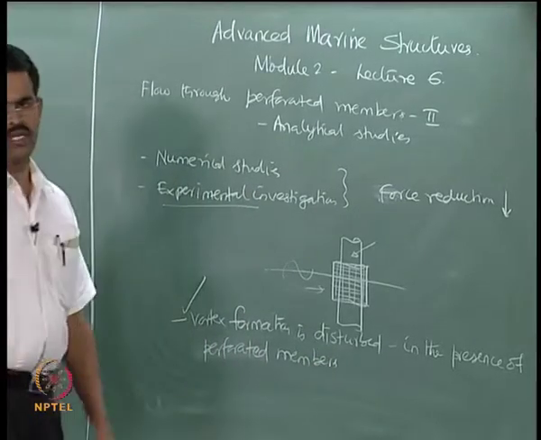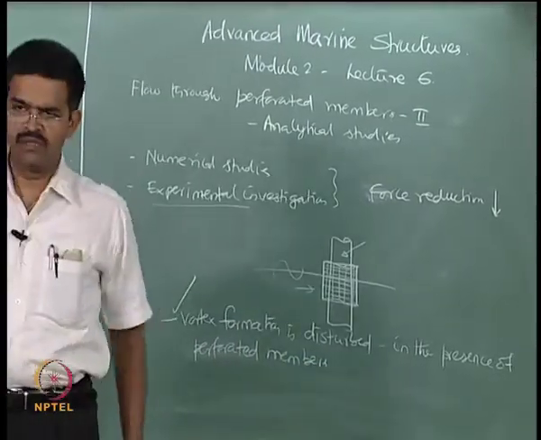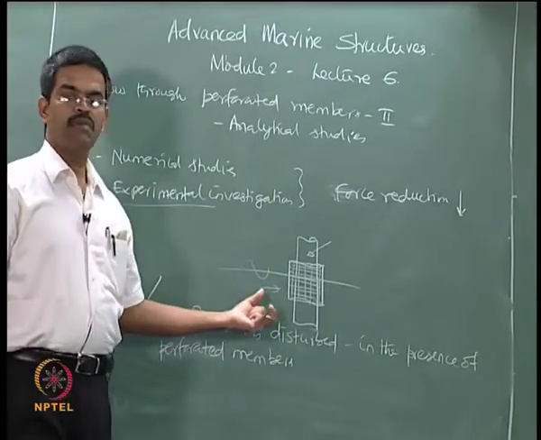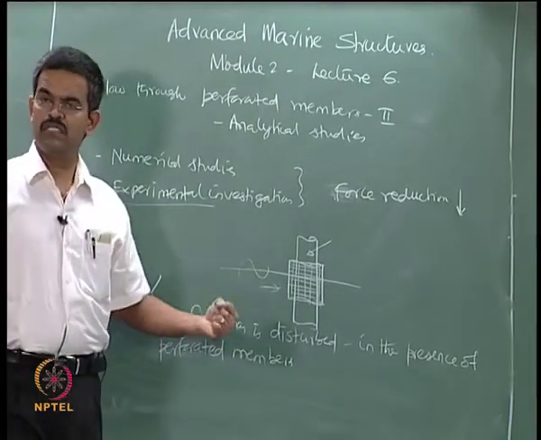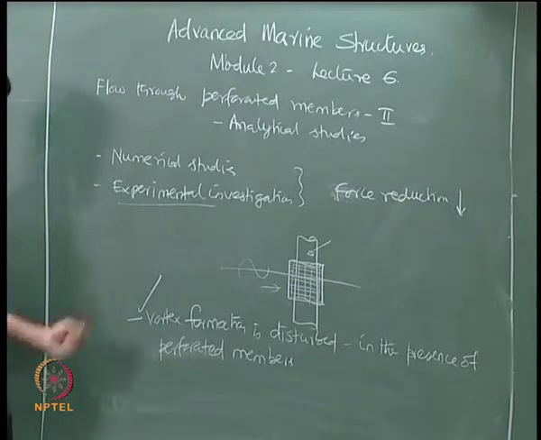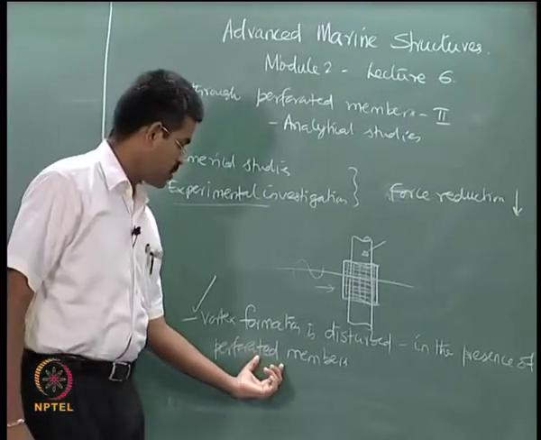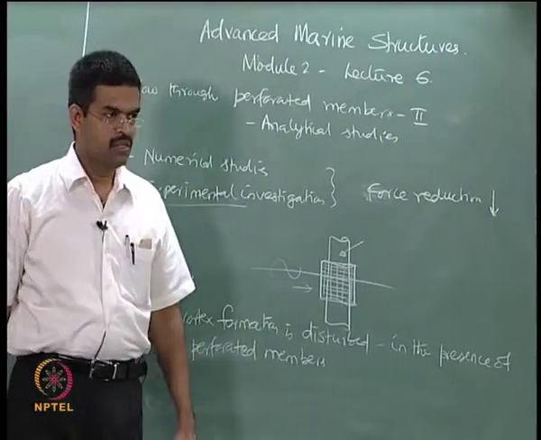This is one of the great advantages of this application, which is recommended by researchers in recent studies as an effective method of reducing the vortex formation in a given member.